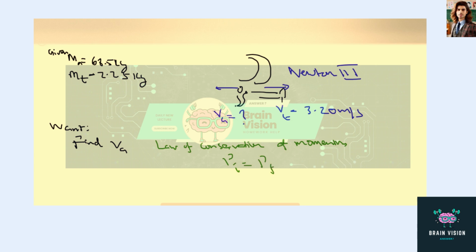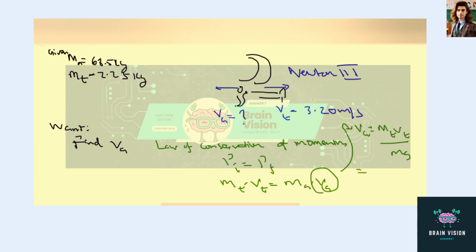The initial momentum of the system just happens to be the tool. They're moving in opposite directions. So the mass of the tool times the velocity of the tool equals the mass of the astronaut times the velocity of the astronaut. We want to solve for the velocity of the astronaut, and that gives us VA equals mT vT over mA.